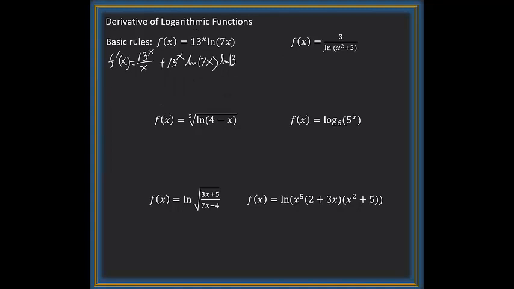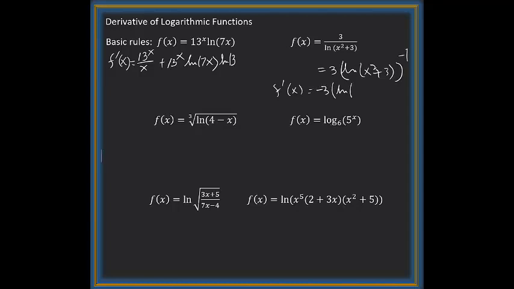My function is 3 over natural log of x squared plus 3. So this function can be written as 3 times natural log of x squared plus 3, and everything should have the exponent -1. Now if you apply the chain rule, f prime x will give you negative 1 goes in front, so it's negative 3.